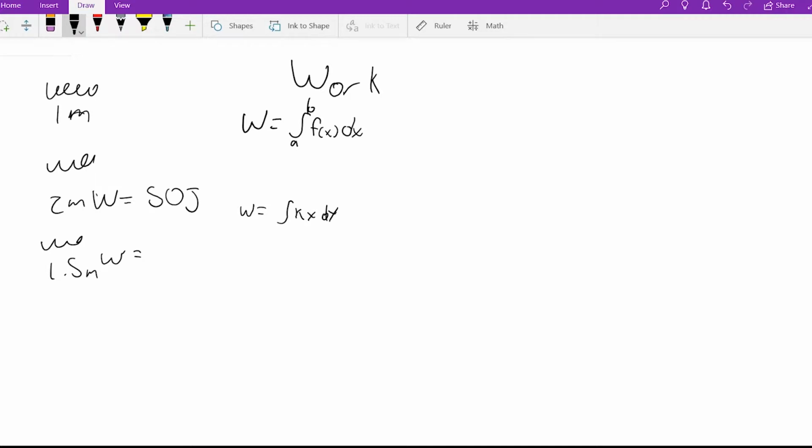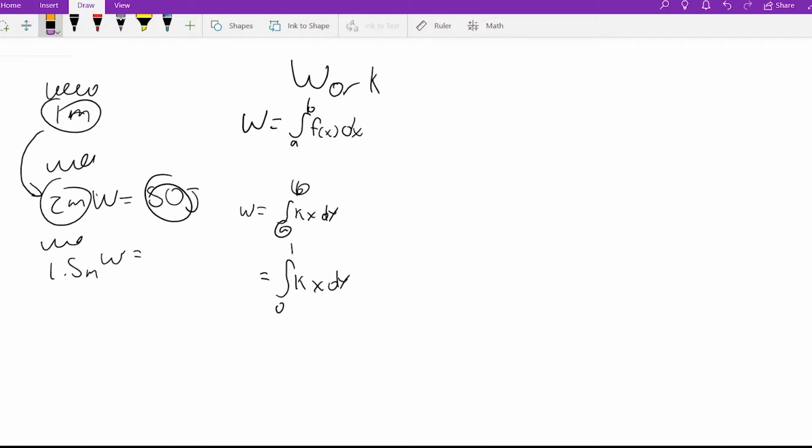So if from a to b we replace a to b with 1 up to 2, well, only the distance from 1 to 2, the work is going to be from 0 to 1, because it's the distance between those two, of kx times dx. We know that the work is 50 joules, so we replace 50 joules here. And now we have to evaluate this integral to get k.